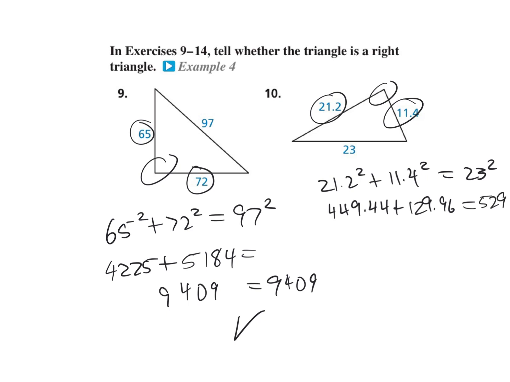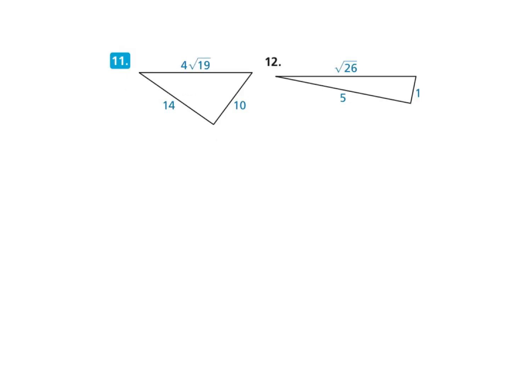So 449.44 plus 129.96, that gives us 579.4, which is not the same thing as 529. So no, that doesn't make a right triangle.